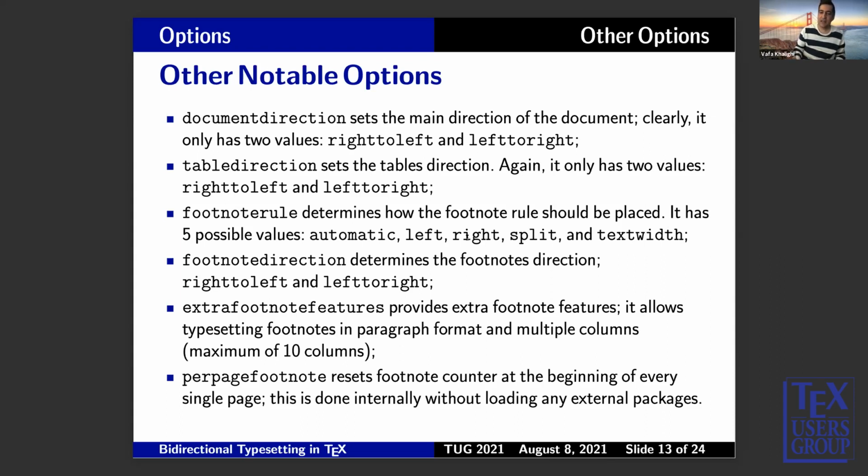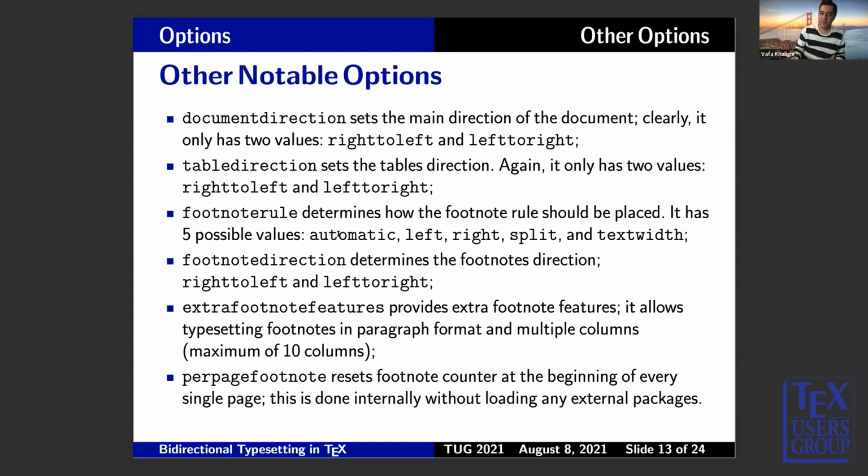The right means that the footnote rule on every single page is on the right-hand side, and left means the other thing, so it's always on the left-hand side. Automatic is a bit different. What automatic means is that if on a given page, the first footnote is a right to left one, the footnote rule is typeset on the right-hand side.